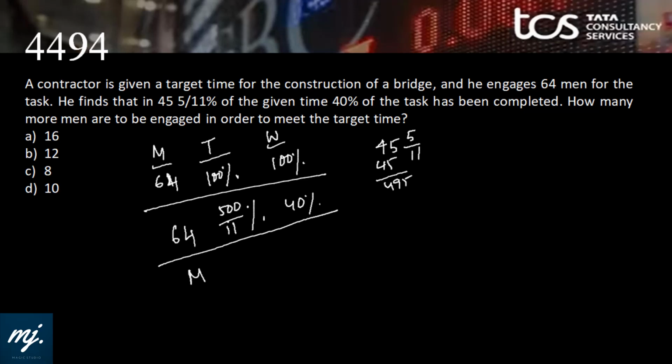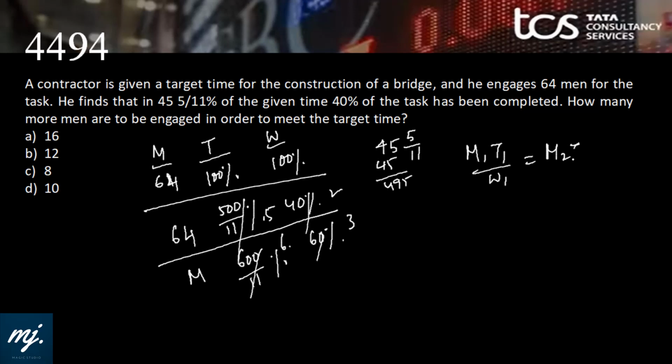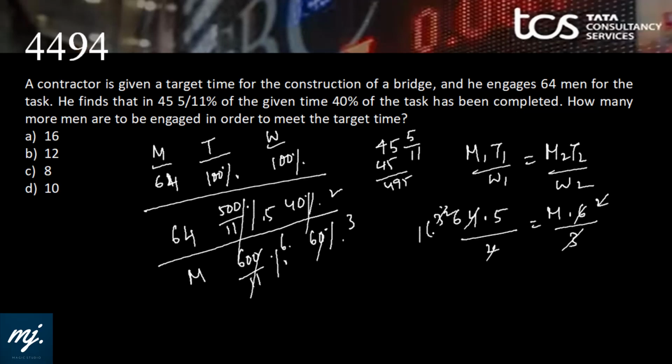Time left: 100 minus 500 by 11, 1100 minus 500, this is 600 by 11%. Work left: 100 minus 40 is 60. So this ratio becomes 2:3 and this ratio becomes 5:6. So we have M1 T1 by W1 equals M2 T2 by W2. 64 into 5 divided by 2 equals M into 6 divided by 3. 2 gone, 2 3 2, and this is 16.